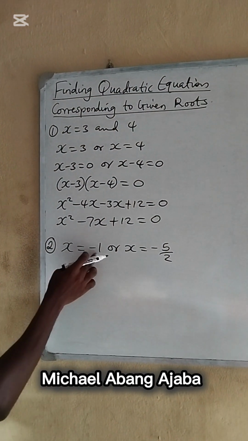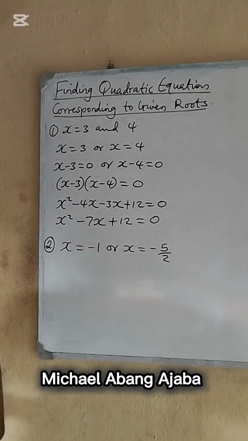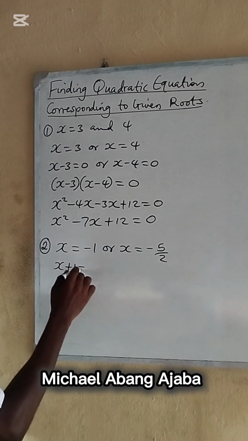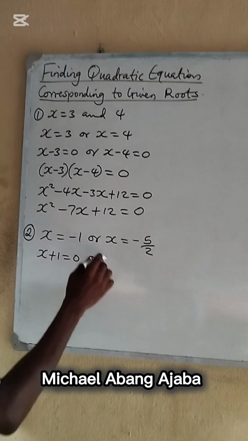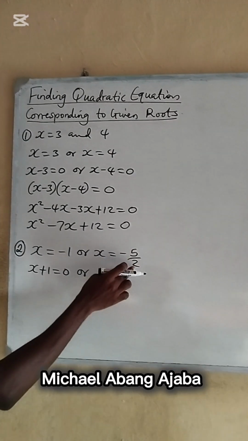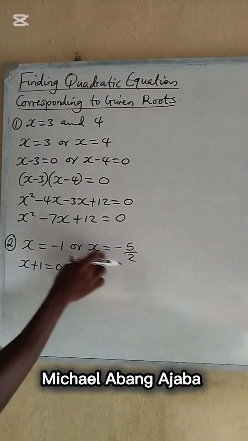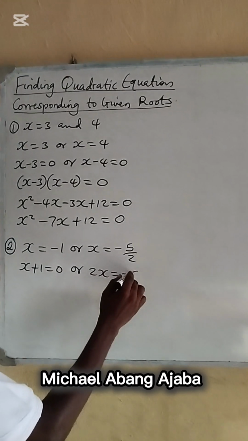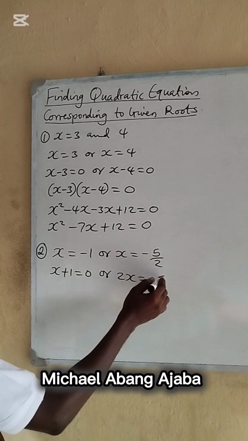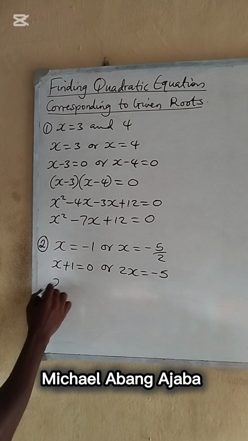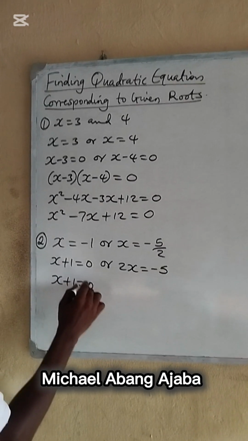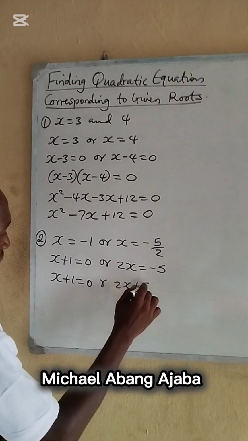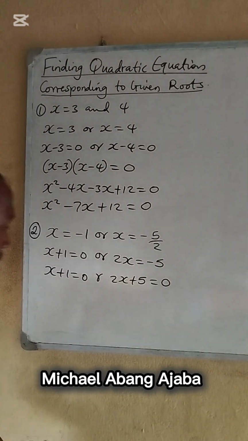Here, if you bring this to this side, you are going to have x plus 1 equal to 0, or this one I will first of all advise you to cross multiply, meaning you have 2x equal to minus 5, then cross this one to this side, you have 2x plus 5 equal to 0.